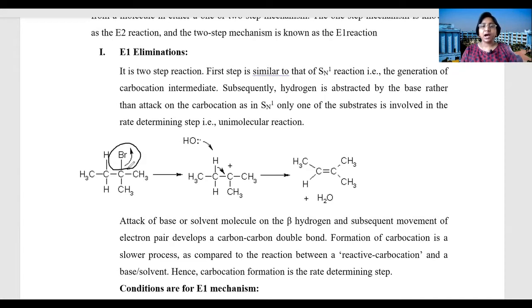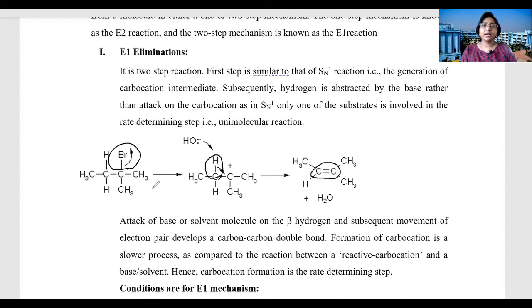Next, the sigma bond between the carbon and hydrogen, that is basically the beta hydrogen. This hydrogen gives the electrons of this sigma bond, and that is why in the product we are getting the double bond, C double bond C.